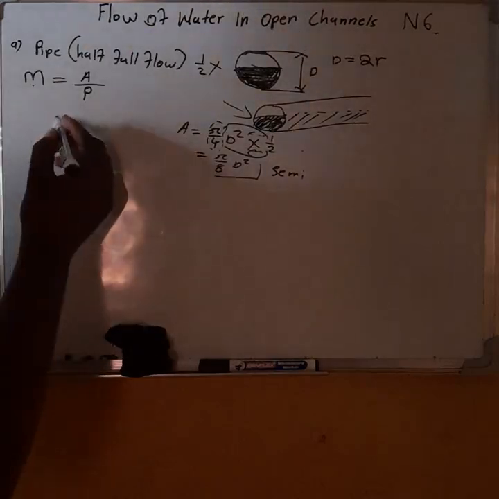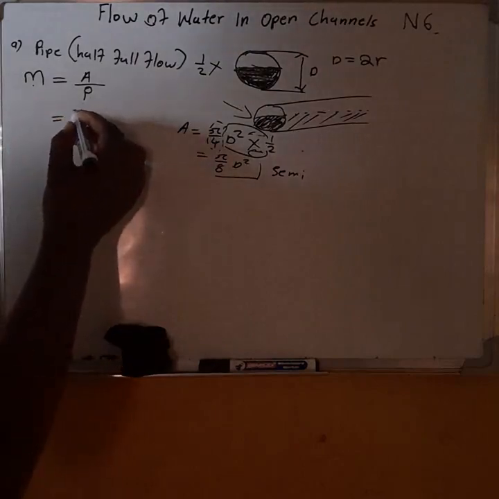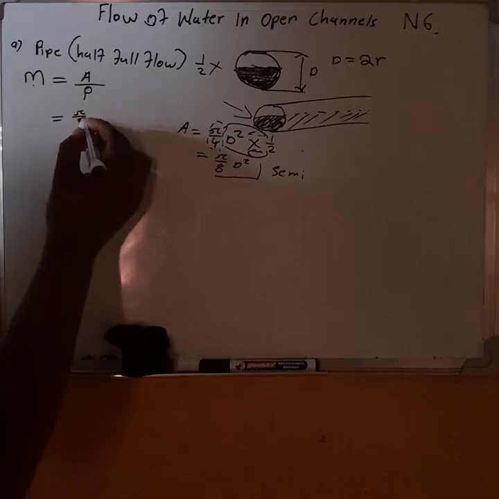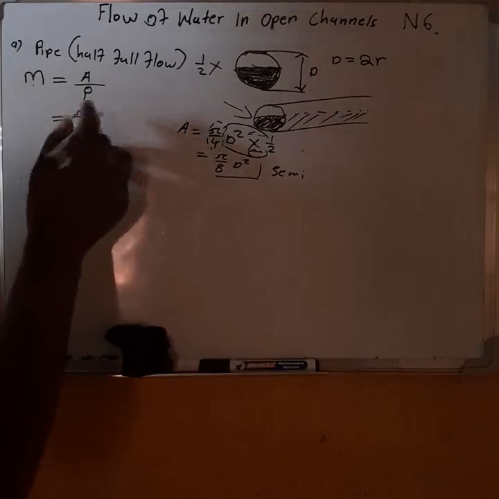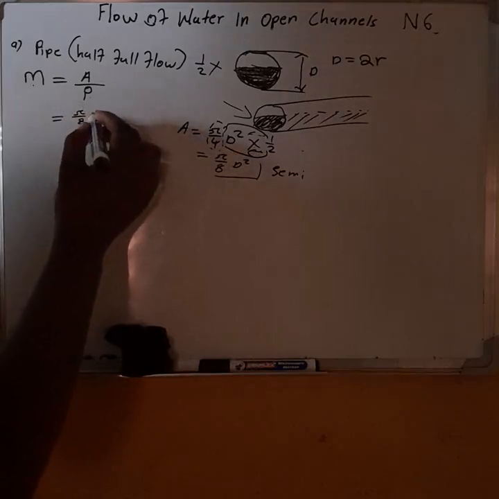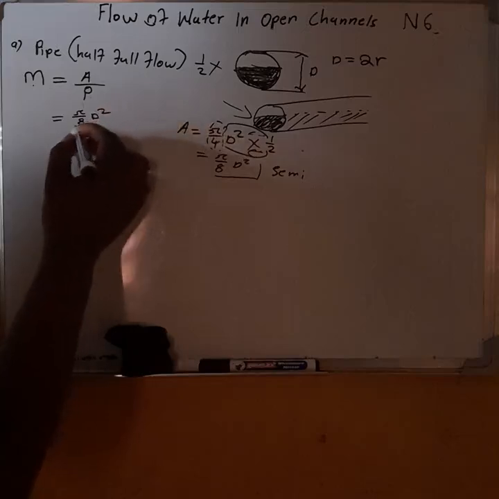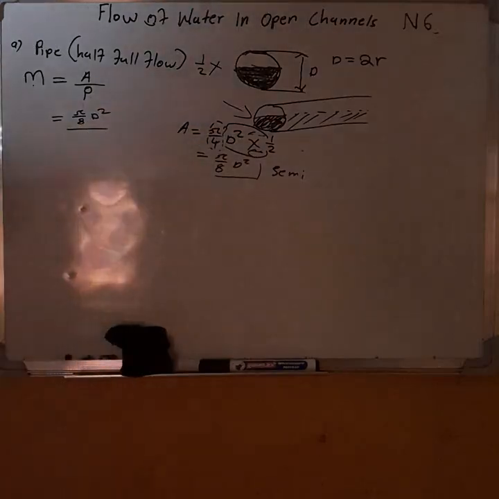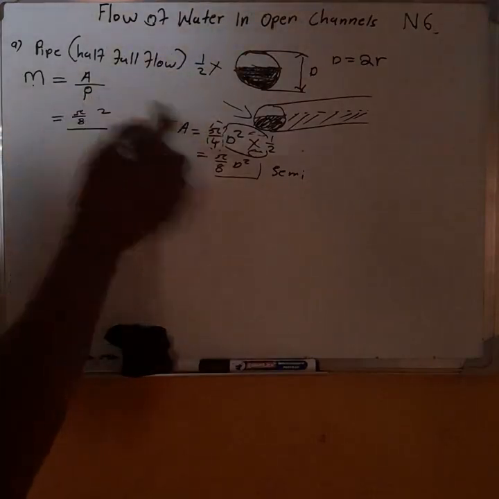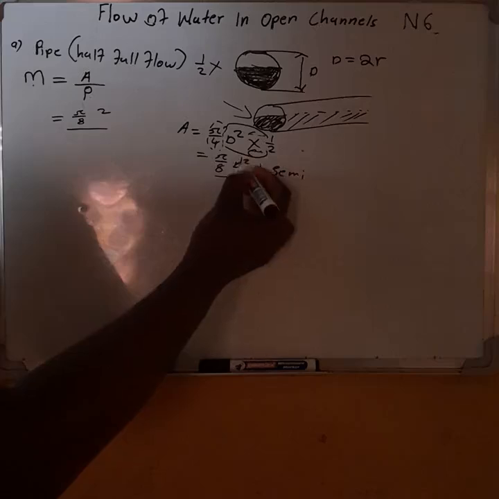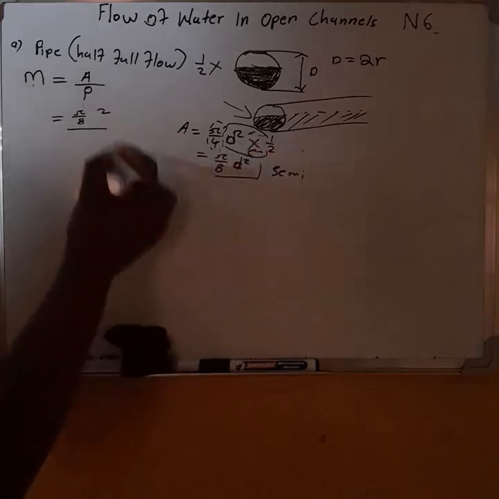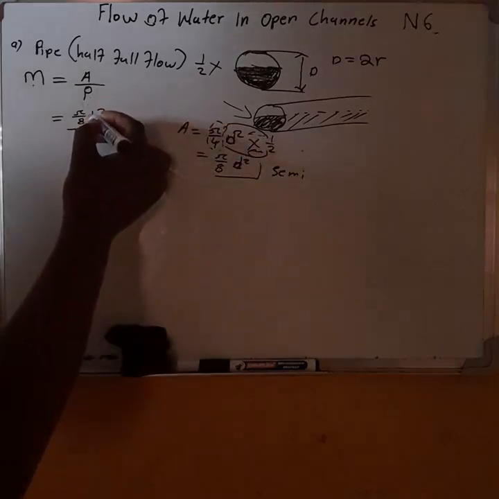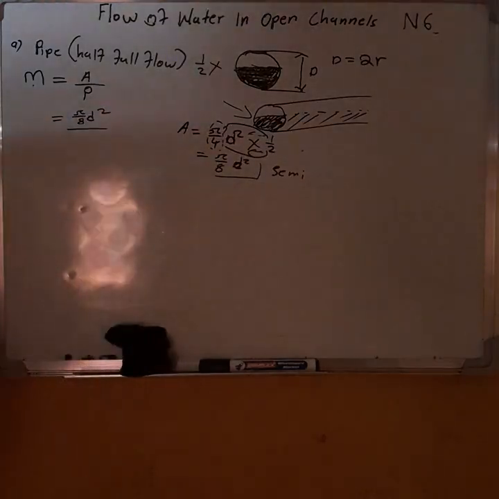Now we come here. We know that area is pi over 8 d squared.